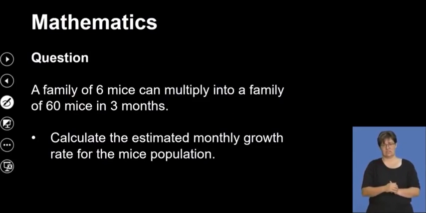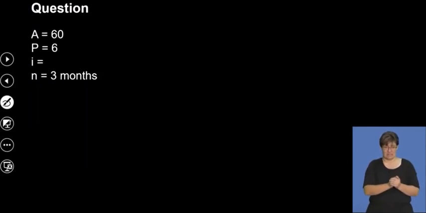6.07. Now, a family of 6 mice can multiply into a family of 60 mice in 3 months. Calculate the estimated monthly growth rate for this, right? So remember, same thing. The A value is 60, that's what it accumulates to. P is 6, and then n will then be 3 months.